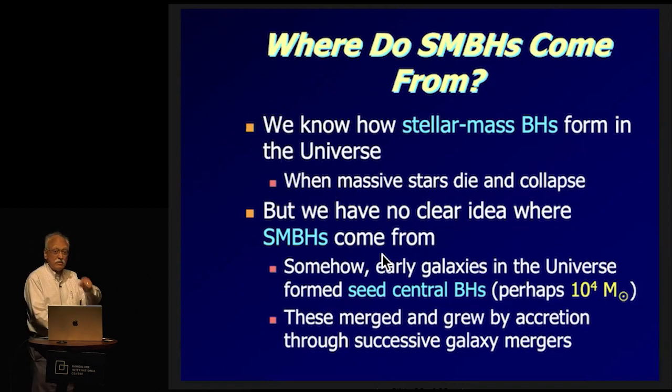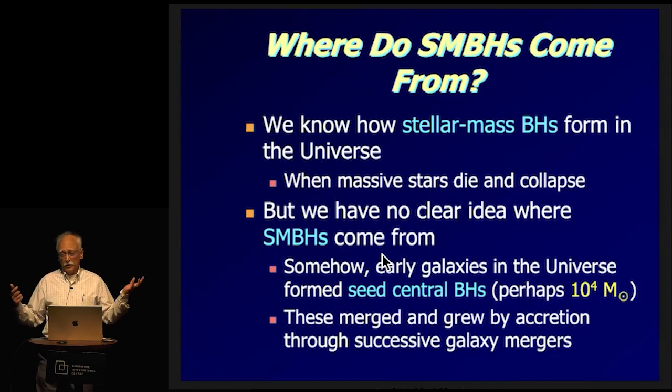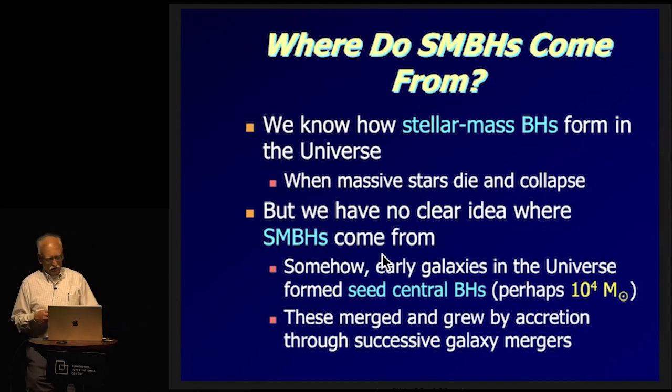But where does this unique supermassive black hole in the center, where does it come from? Answer is, I don't think we know. We have ideas. When I say we, the community, okay? People come up with all sorts of ideas. There's no clear evidence one way or the other what's going on. It looks as if somehow, again, early in the universe when galaxies were forming, right?